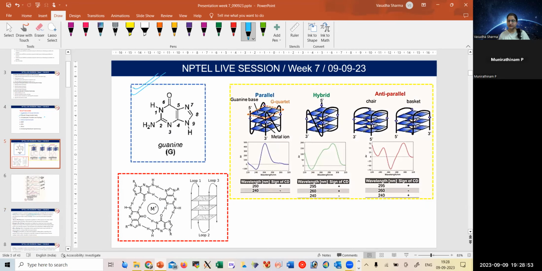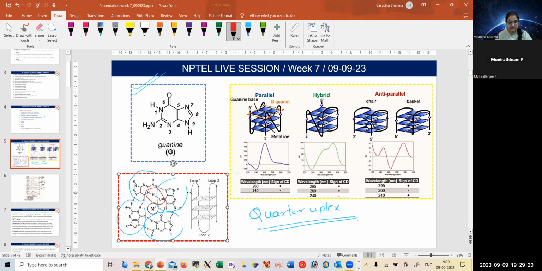This is a guanine base. And if you can see, there is one unit, this is the second unit, this is the third unit, this is the fourth unit. That's why it is called a quadruplex, because we are having four units. And you can see they are interacting with each other because of this hydrogen bonding. I'll just highlight this.